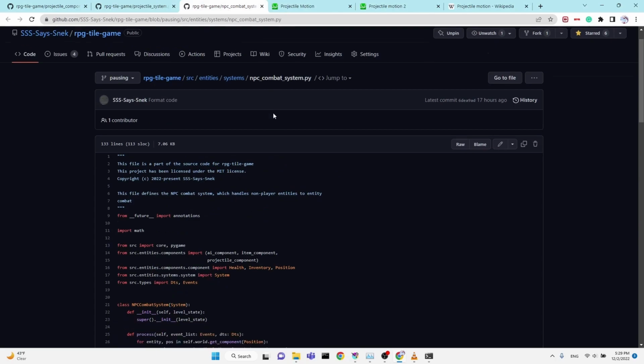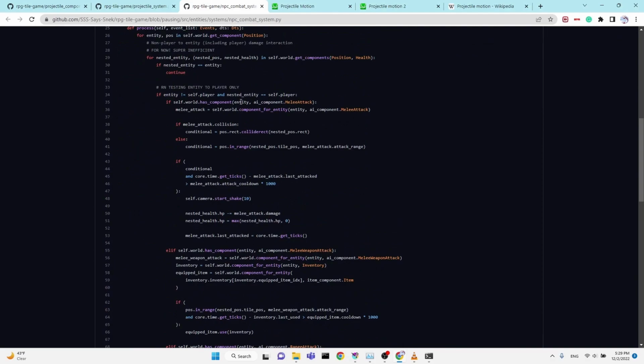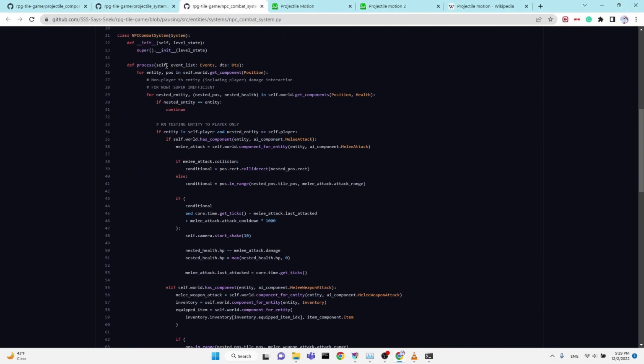Now we're on to the thing of how to calculate it. First of all, this line of code basically says, "Hey world, we're going to iterate over everything that might have an attack." Basically iterate over every entity.